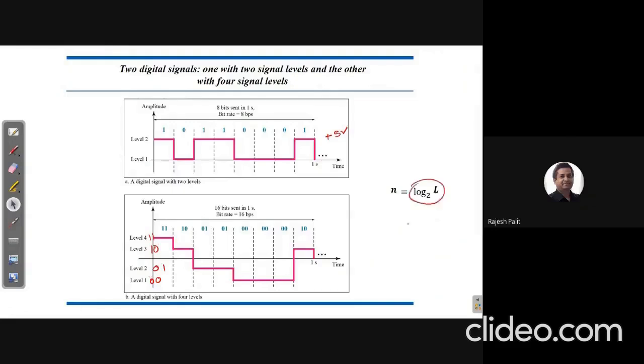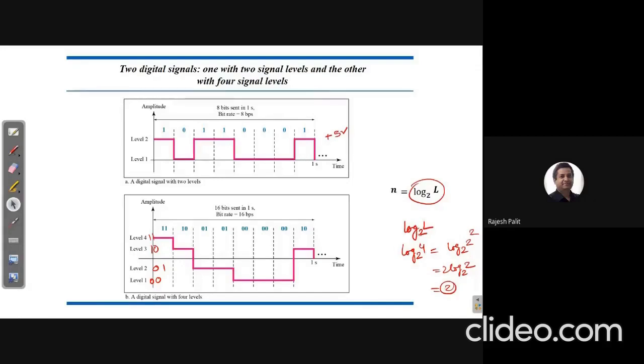So we need log of the number of levels to the base 2. For 4 levels, log base 2 of 4, which is 2. That is 2 bits. If there are 4 levels, they require 2 bits to represent the levels. If there are 8 levels, we need 3 bits per level.